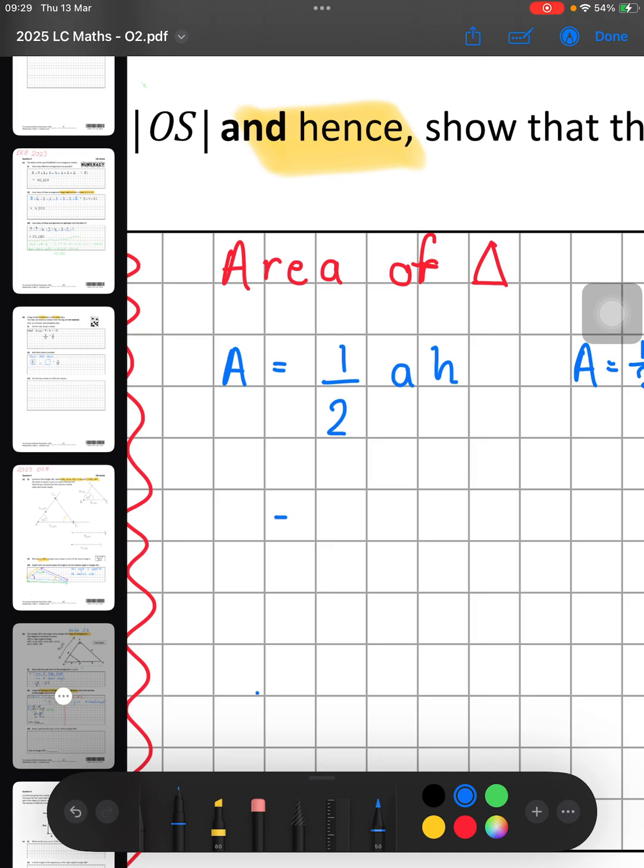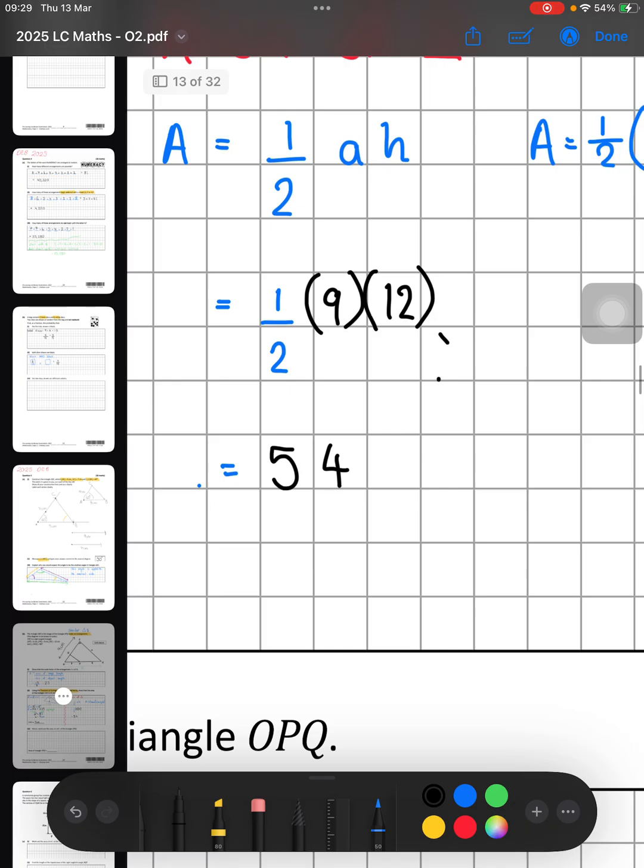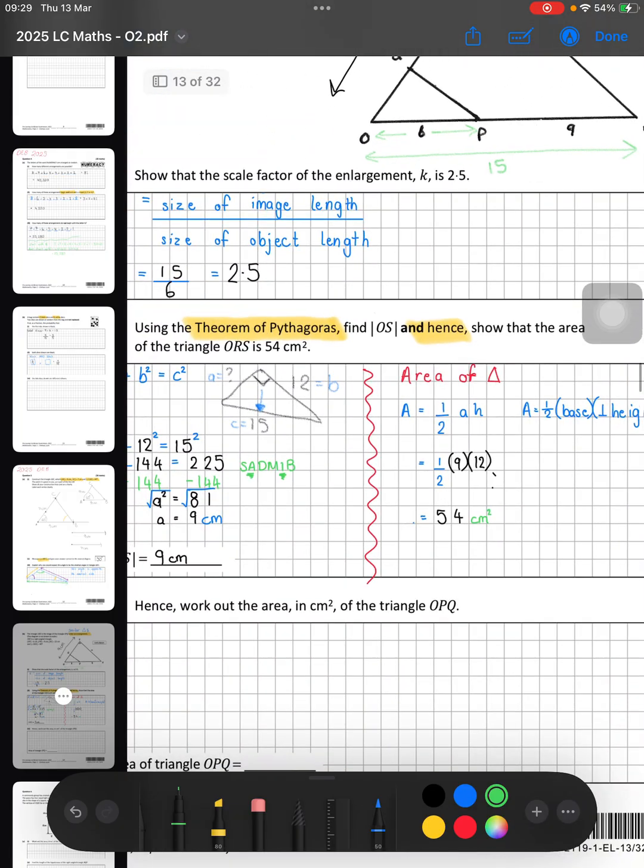So it's 1/2 by 9 by 12, and when we type that into our calculator, it gives us 54. Don't forget your units. It's area, and we were in centimetres, so it's centimetres squared. Even when you go back and reread the question, you see that the units were there. So that's it done.